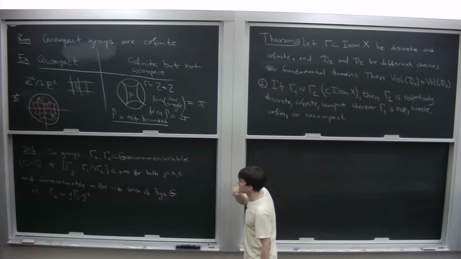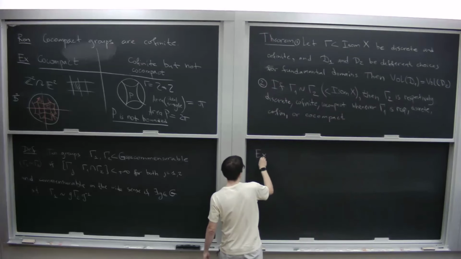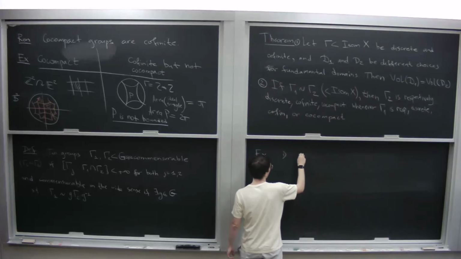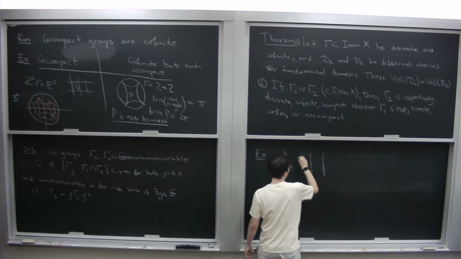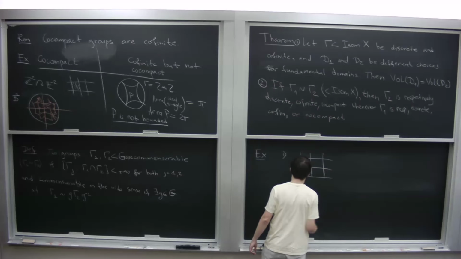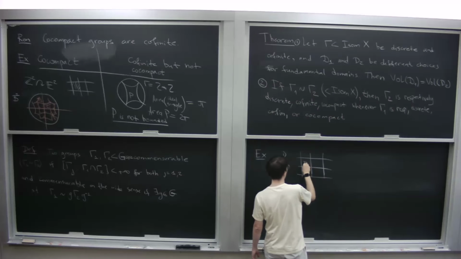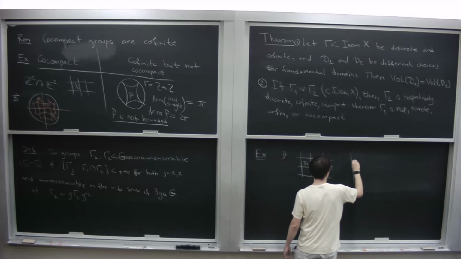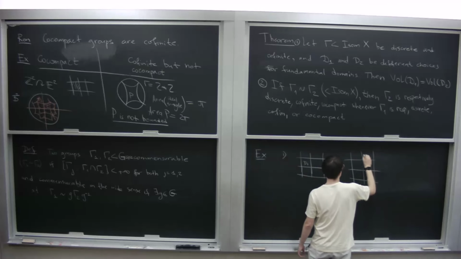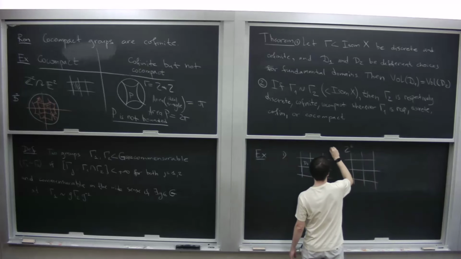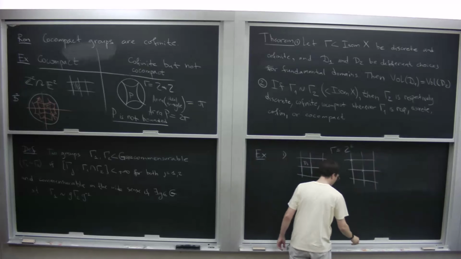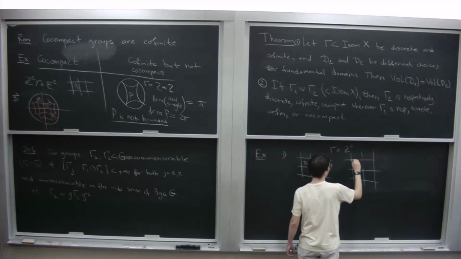It was already mentioned that for different choices of translation groups in the plane, we have this fundamental domain D1, and for precisely the same lattice Z squared acting on the plane, we can find another choice, right?